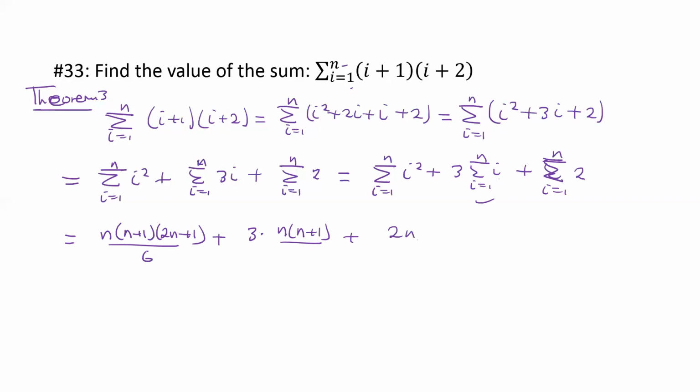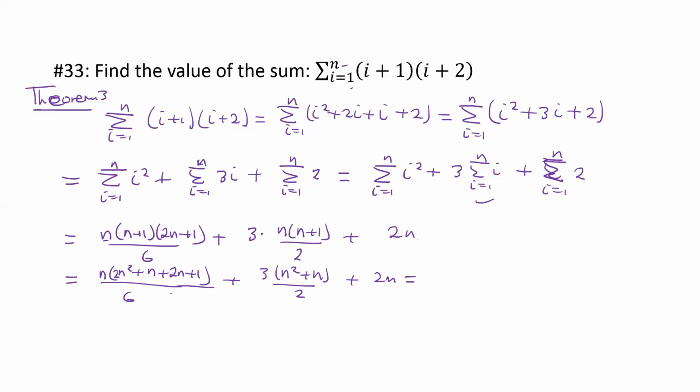So we can simplify this all together. If you simplify or distribute, the denominator will be 6. Let's keep the n, and for the other one, this will be 2n squared plus n plus 2n plus 1, then plus 3n squared plus n, all over 2, then plus 2n.